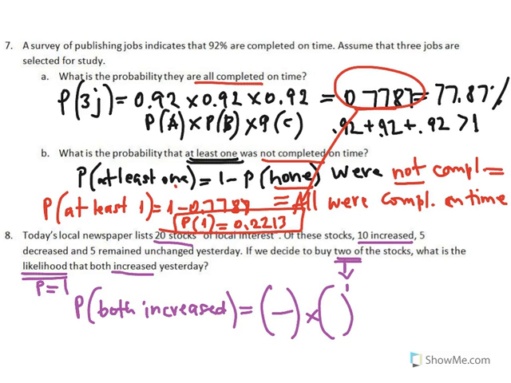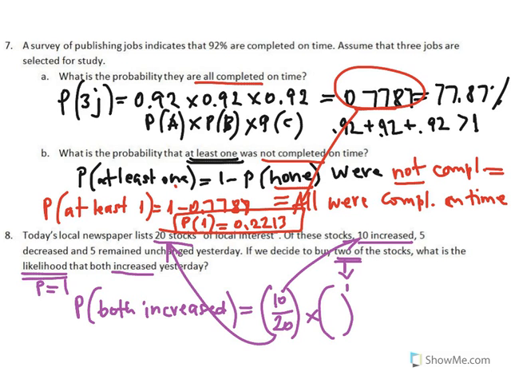The first one is 10 over 20. How many total outcomes, how big is the sample space do we have? We have 20 stocks, right? Now, how many increased? How many favorable outcomes, how many possible successes can we have? 10, right? So this 10 is those who increased, and this 20 is the number of stocks that we have.